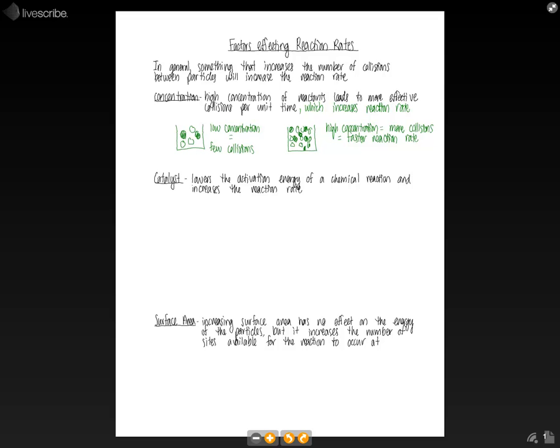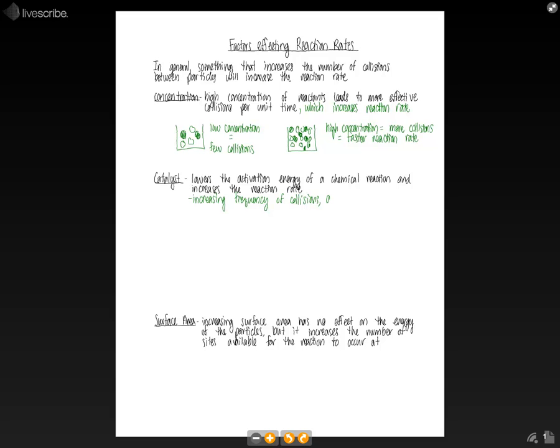Next, if we look at a catalyst, it lowers the activation energy of the chemical reaction, which in turn increases the reaction rate. And the way a catalyst can do this is by increasing the frequency of collisions.